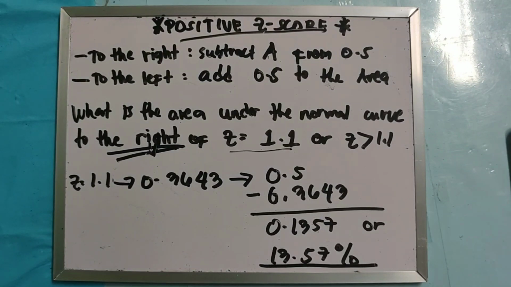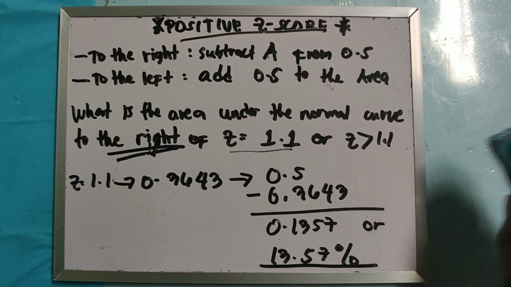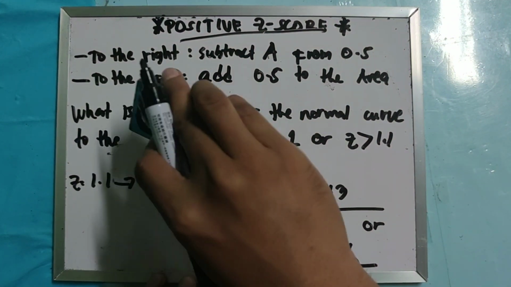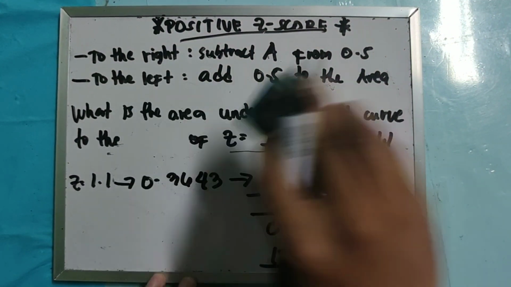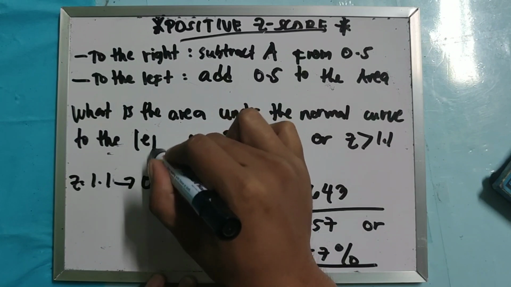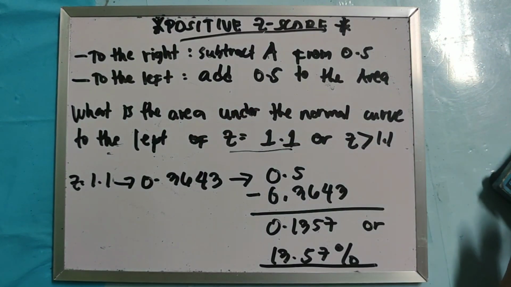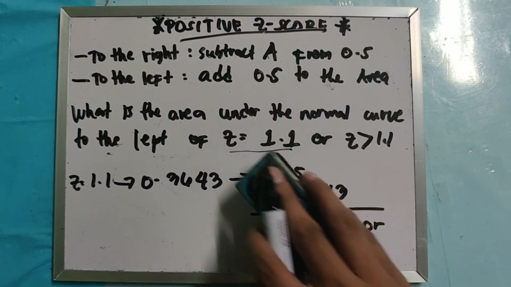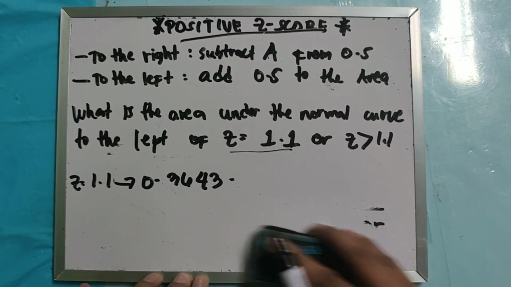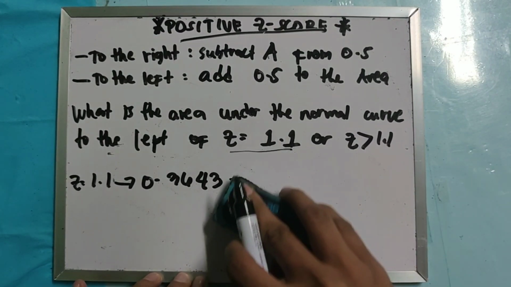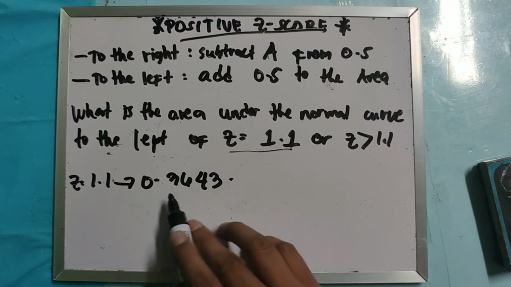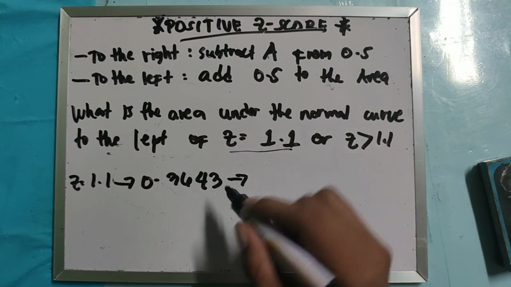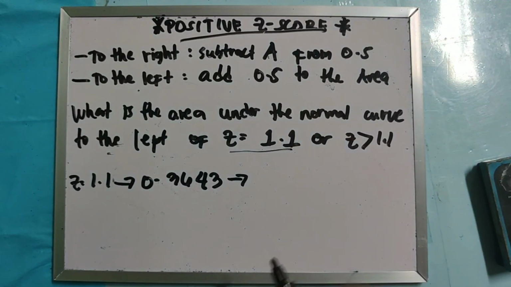Alright? What if naman, hinahanap natin, hindi right? What if the required area is to the left? To the left of z is equal to 1.1. So, anong gagawin natin? To the left. So, let's apply the rule. The area of 1.1 is 0.3643. To the left area, add 0.5.